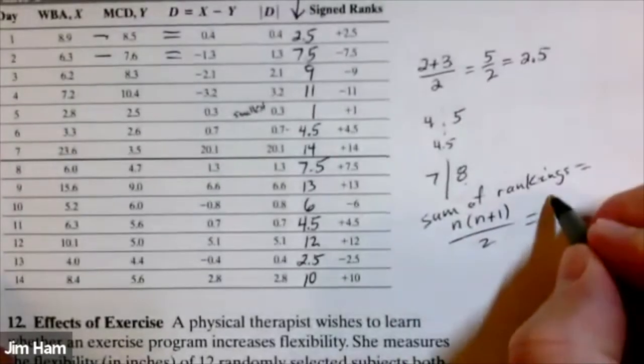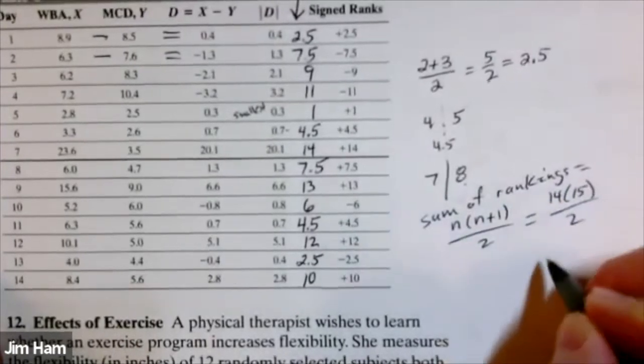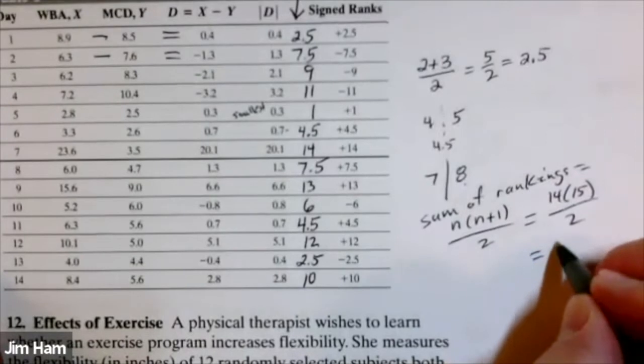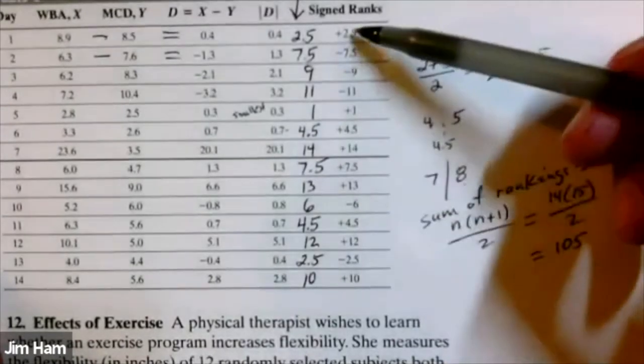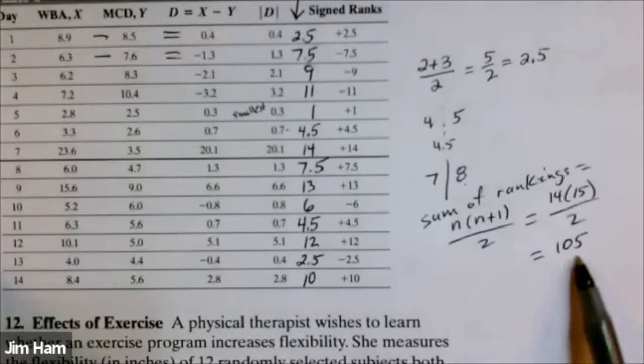And so if you take 14 times 15 and divide by 2, what would that be? 105. So when you add up all these rankings, you should get 105. And that's a good check because the T plus and the T minus, when you add them together, you should get 105, and that's a good way to check.